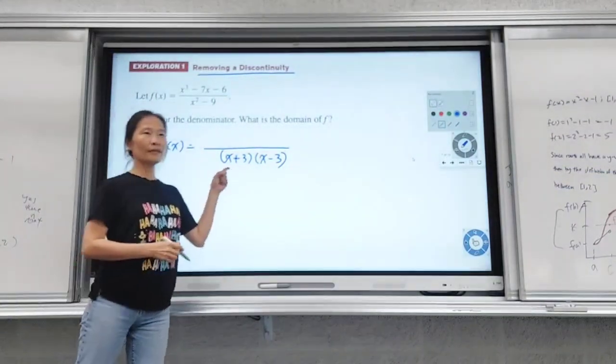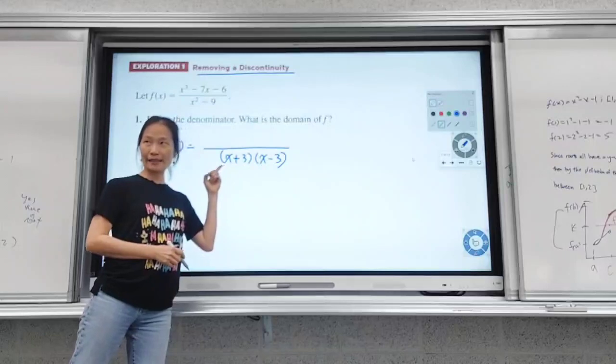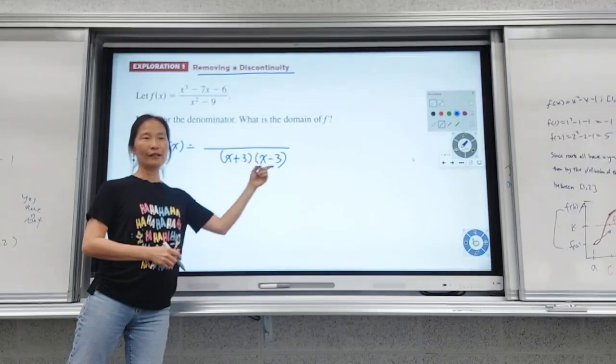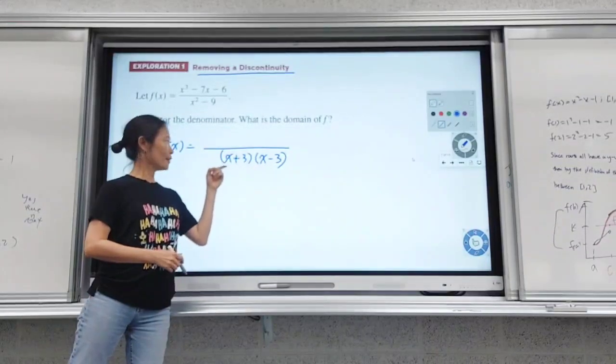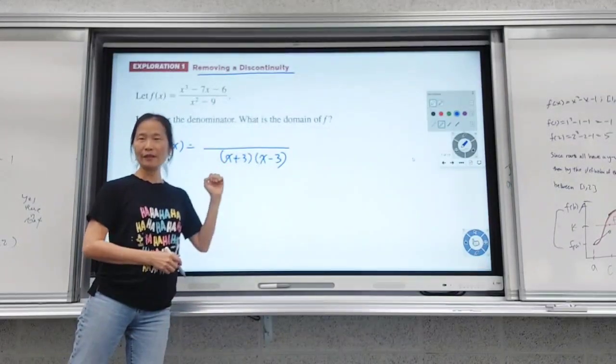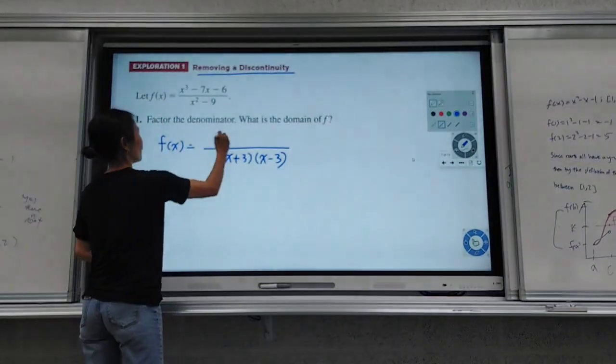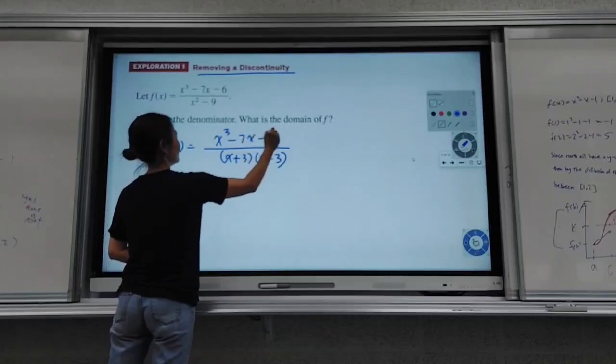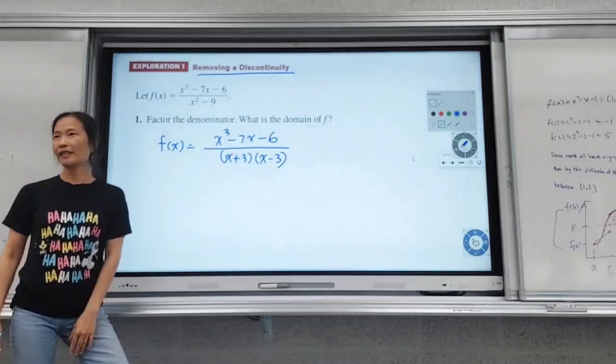It's possible that my hole is at x equals 2. And what are the possibilities? Negative 3 or 3. One of those. If I can just factor the top, that will be beautiful. Can anybody factor that for me?